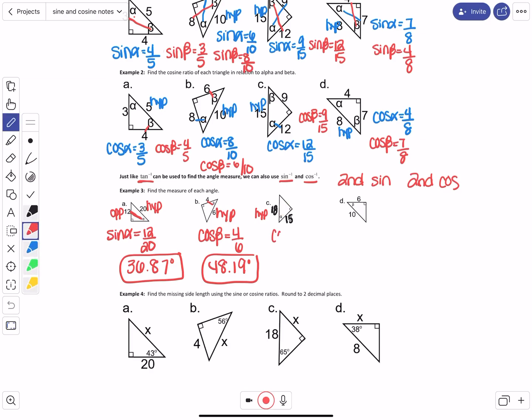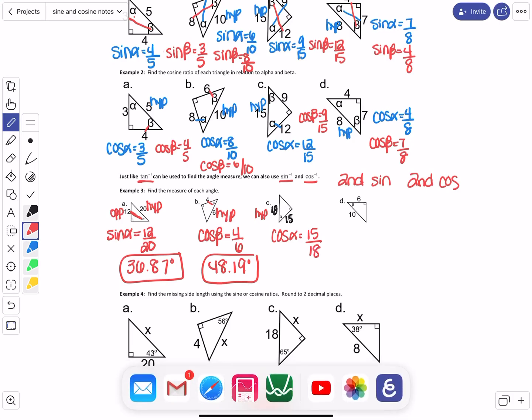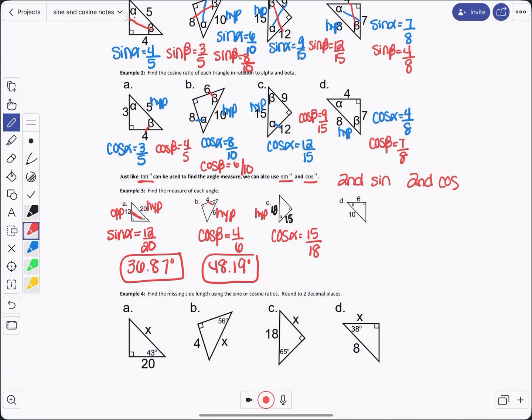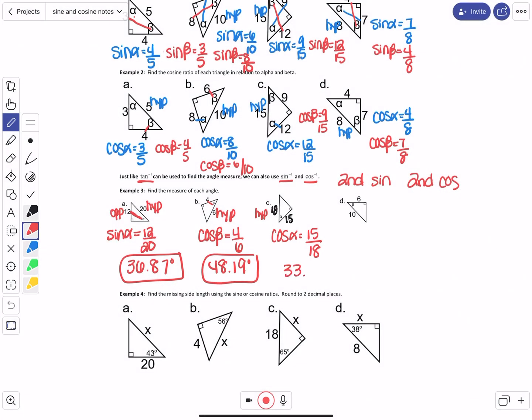Therefore, we are using cosine because cosine is adjacent over hypotenuse. So cosine of alpha is 15 over 18. So we will do inverse cosine. So second cosine, 15 over 18. And that will give us 33.56 degrees.